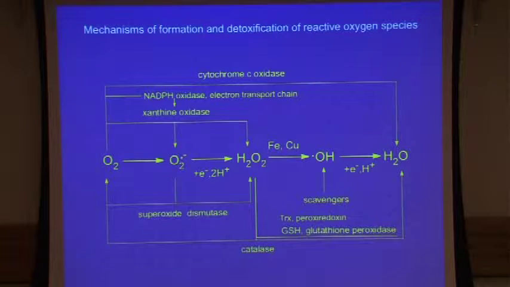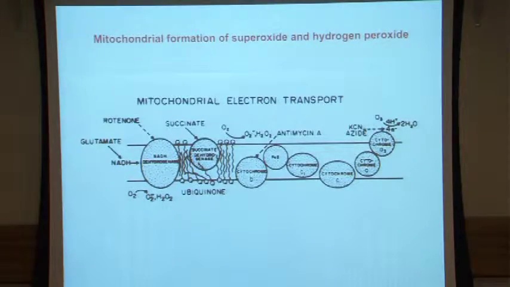So there are a series of mechanisms of detoxification, but even with these mechanisms, there is a given amount of oxidants that still react with proteins and lead to protein oxidation. And as I said, one of the key sources of superoxide, hydrogen peroxide and peroxynitrite is mitochondria via electron leakage from some of the respiratory complexes to oxygen to form superoxide.